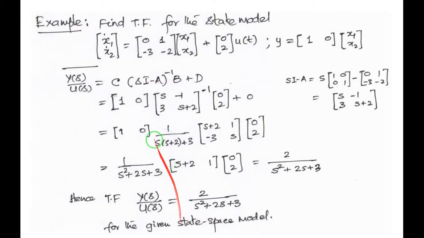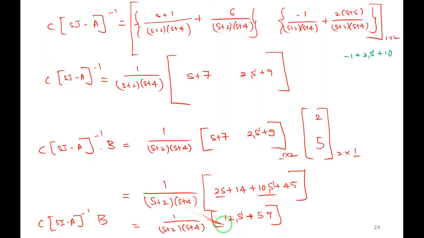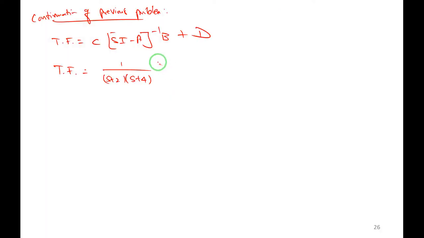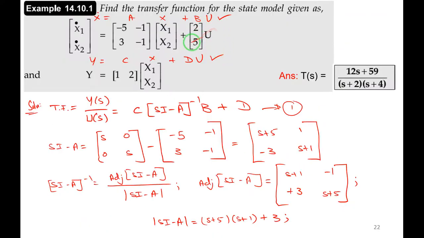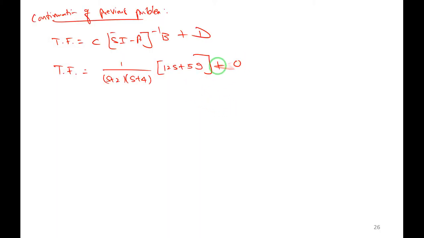It is 1 by (S plus 2), 1 by (S plus 2) into (S plus 4) into 12S plus 59, plus D. What is D? D is 0 here. D is not there means it is 0, right? So the element is 0. No need.